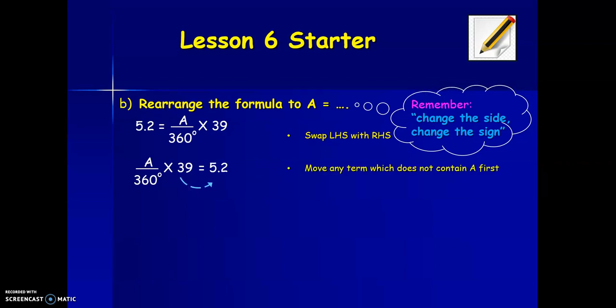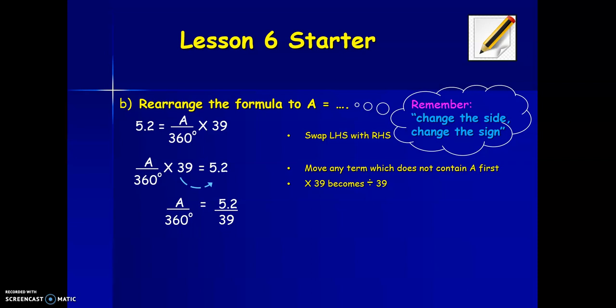Next, we are going to move any term which does not contain A. So we need to move the times 39 over to the opposite side of the equal sign, in which case the times 39 becomes divide by 39. So we're left with A divided by 360 equals 5.2 divided by 39. Now we want to get the A on its own.